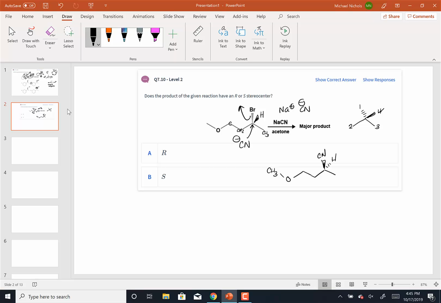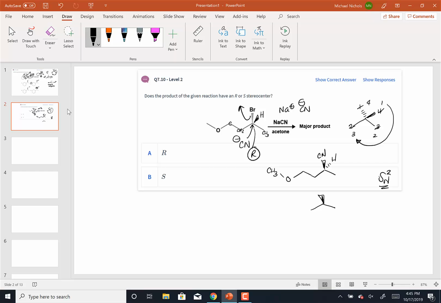No. I need to switch groups 1 and 4, and then groups 2 and 3. So now going from 1 to 2 to 3 is clockwise. So the original stereochemistry of the alkyl halide was R. This means that if this is truly an inversion of configuration, because this is an SN2 reaction, this should be the S configuration, but let's just double check.